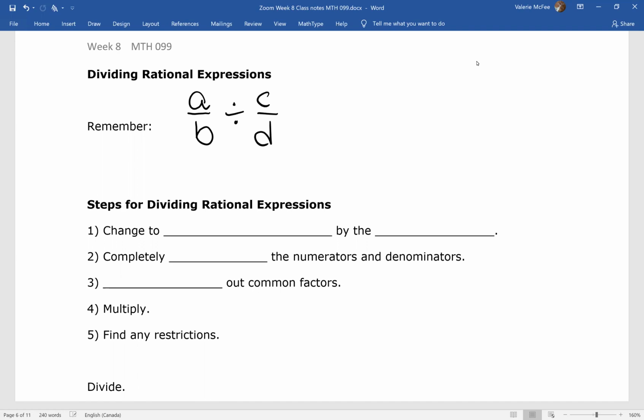Remember when we were dividing fractions, we kept the first fraction the same. We changed dividing to multiplying, and then we found the reciprocal of the second fraction.